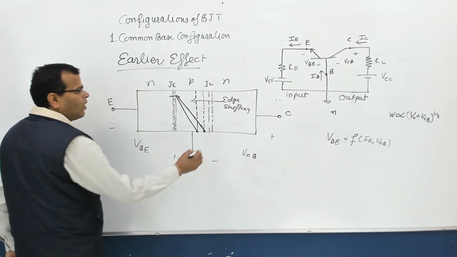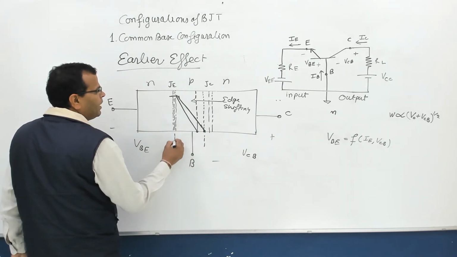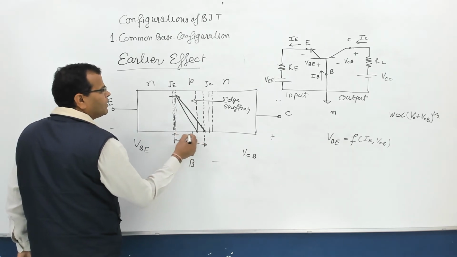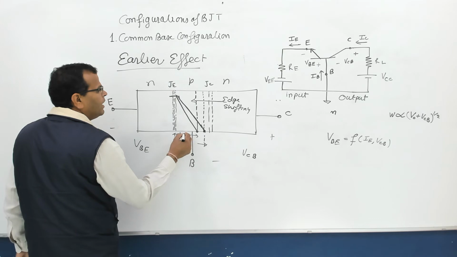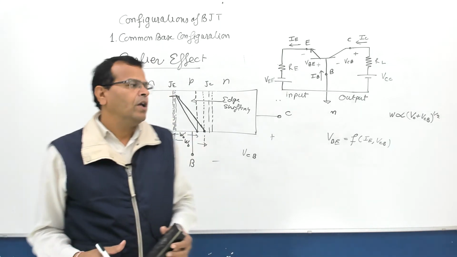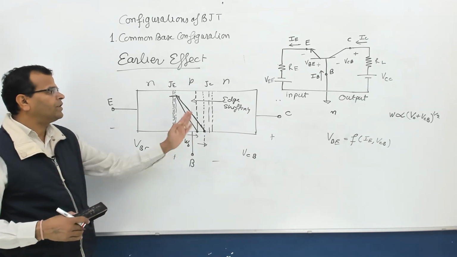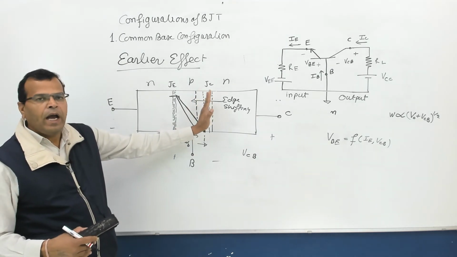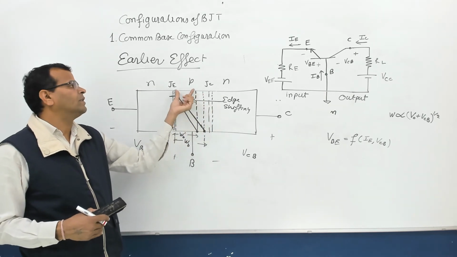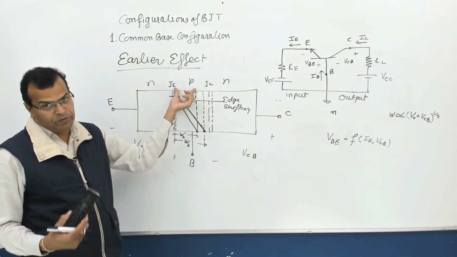So if you talk about the width of the base, say earlier it was WB, now the width has reduced to WB dash. Effective width has reduced. So this shifting of edge of the depletion layer deeper in the base region towards left is resulting into decrease in the base width.